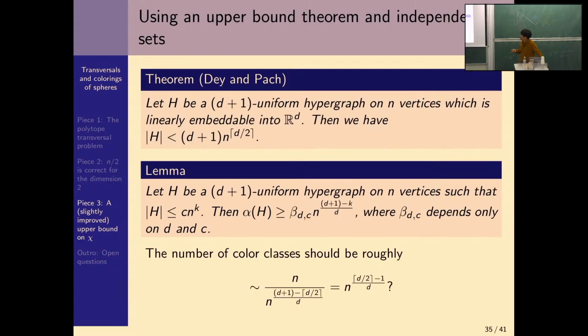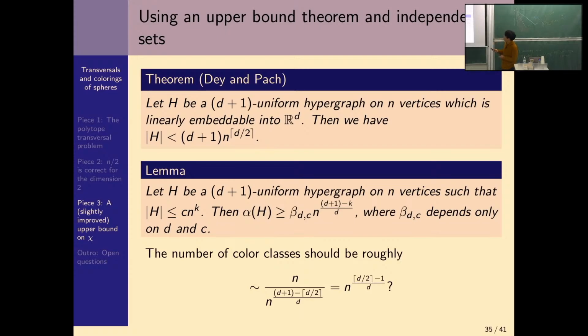So let us look at it briefly. I just briefly introduced this class because this is what we really want to improve, since I like to use more specific and concrete geometric conditions. But unfortunately, what we could only use is the upper bound on the number of hyperedges.